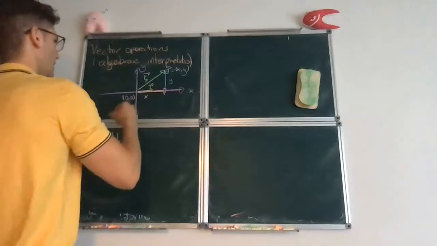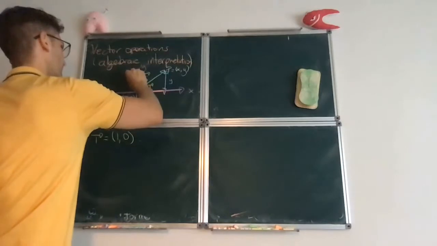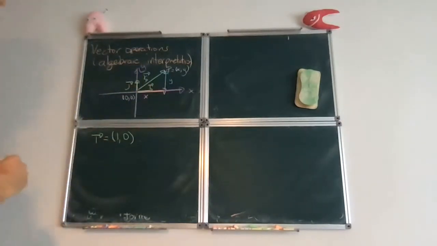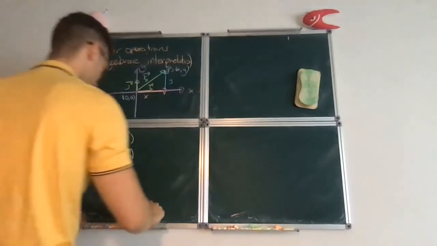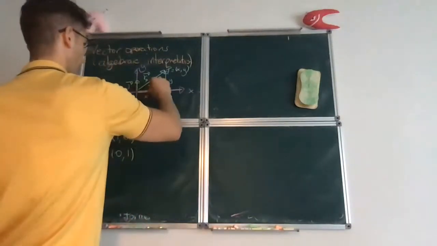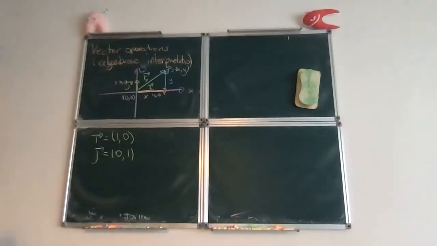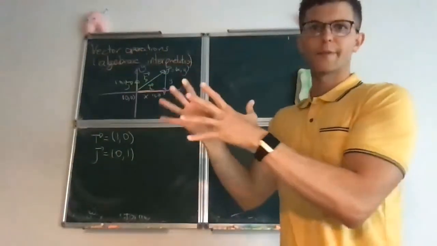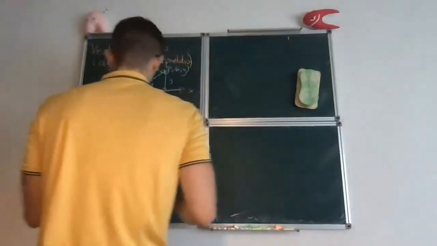And along the y-axis, there's another vector which is called j, and that vector represents the point 0, 1. These two vectors will play a key role because the idea is that any other vector can be described in terms of these two, as you will see in a second. So these are called the unit vectors.